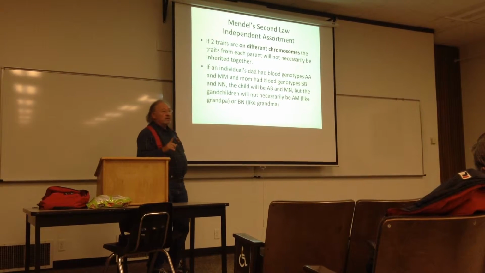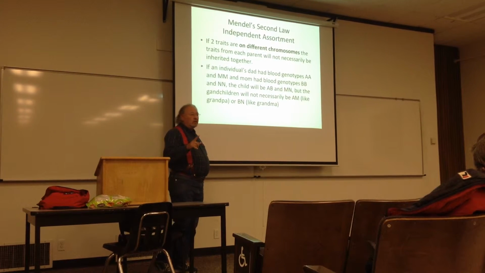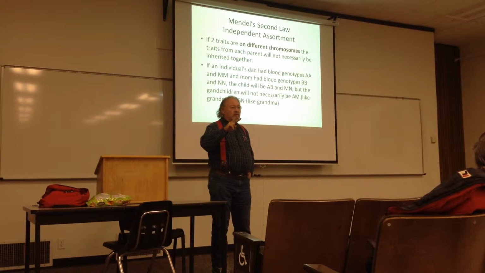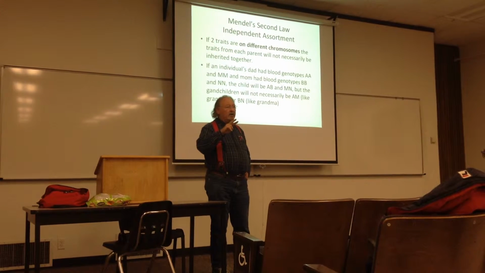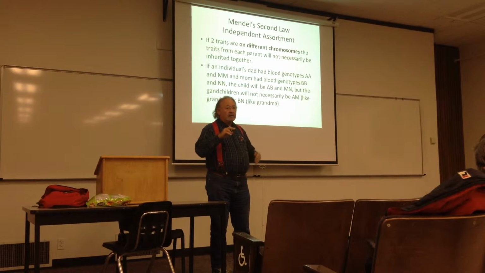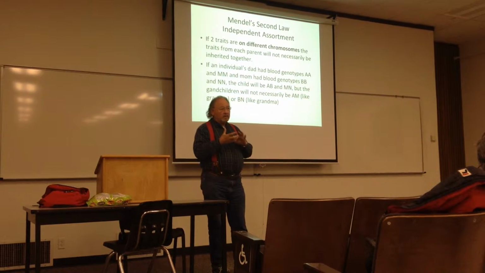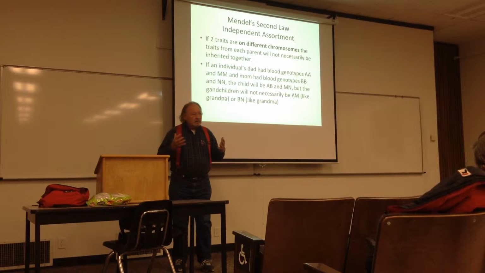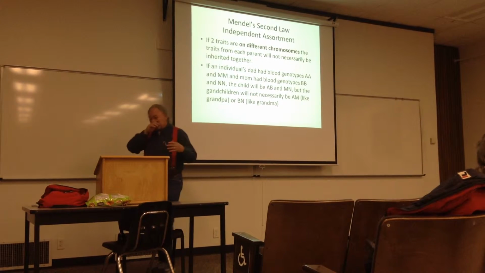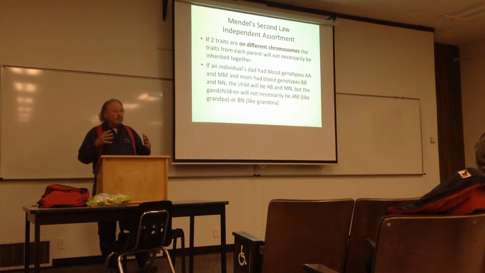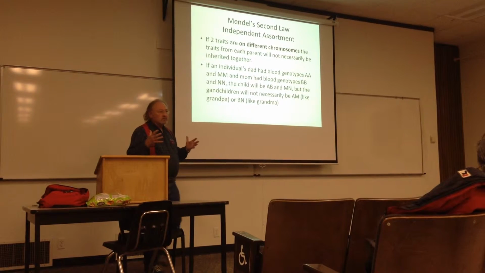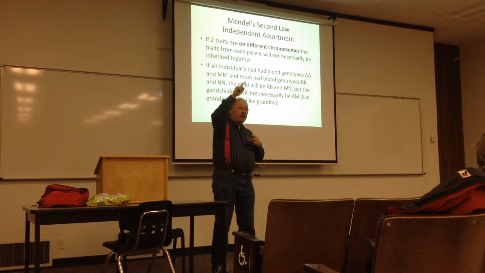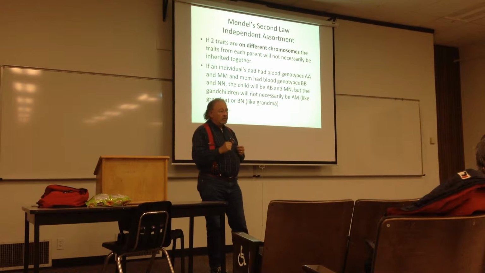If two traits are on different chromosomes, the grandparental traits will not necessarily be inherited together, because there is a reshuffling during the process of meiosis. This, once again, is one of the miracles of sex, that you don't know which chromosome you got from which parent unless you can test back to the grandparent.